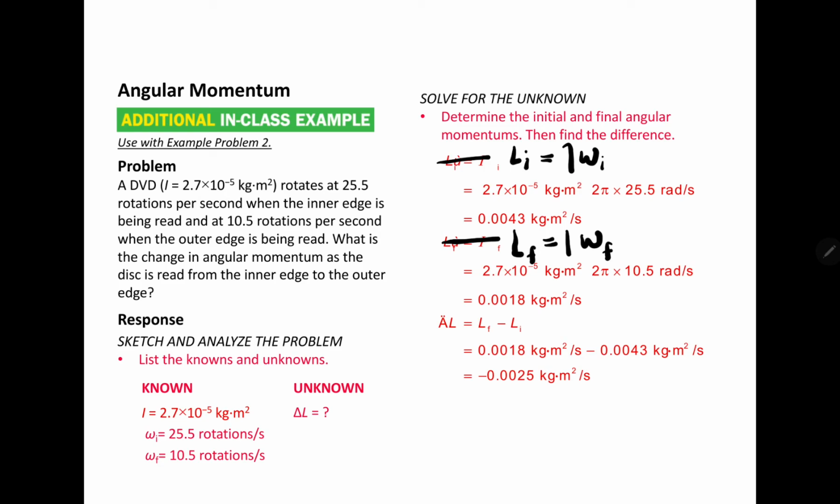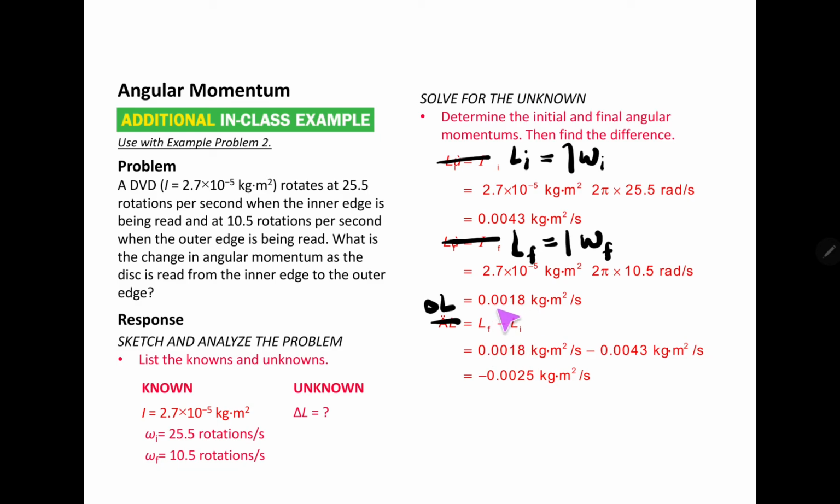Now we found L initial and L final. In the question, it asked me to find the change in angular momentum, which is delta L equal to L final minus L initial.